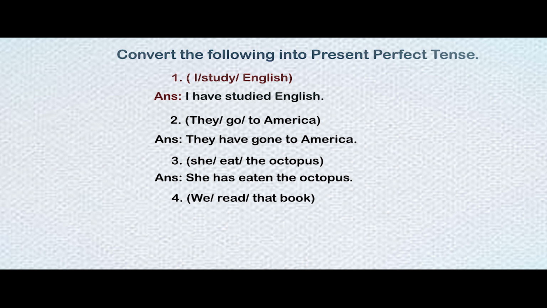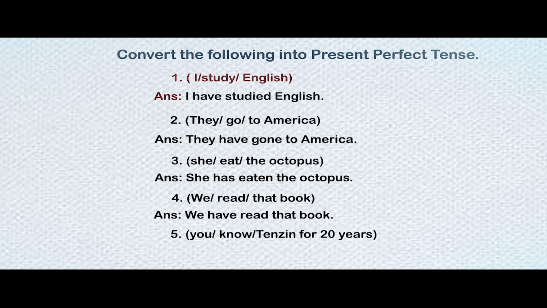Remember the rule of present perfect tense: subject plus have or has plus the past participle form of the verb. Now applying this rule, we have "we have read that book." Number 5, "you know Tenzin for 20 years."